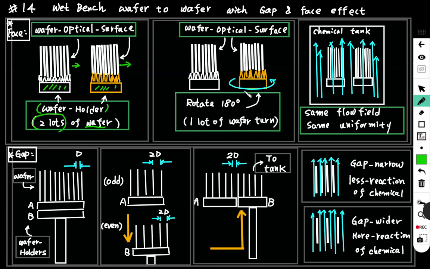Then we use the wafer holder, this one, to make it rotate 180 degrees. Just one lot of the wafer turns.